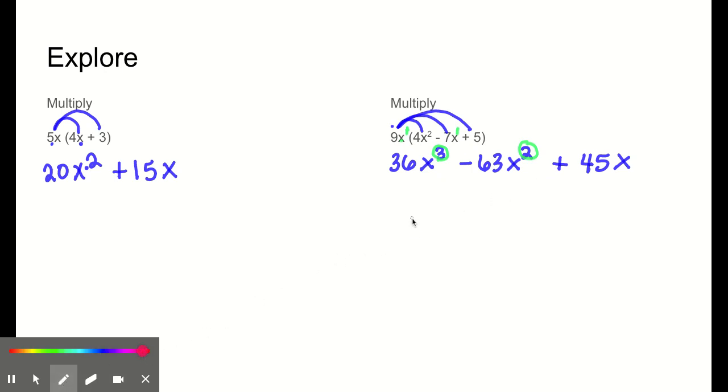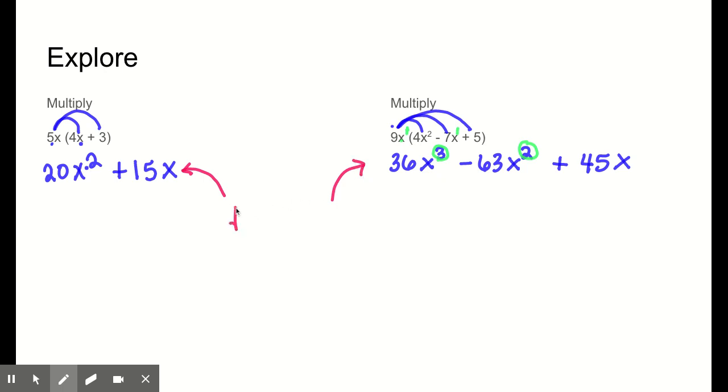Now, what I want to touch on before we get to our GPs today is that these are the polynomials we get when we have distributed, or expanded, or put them in standard form.